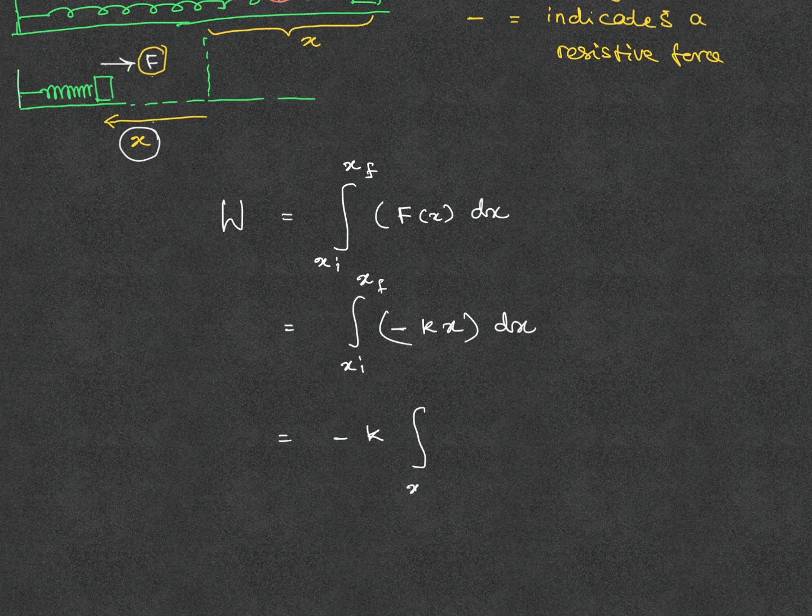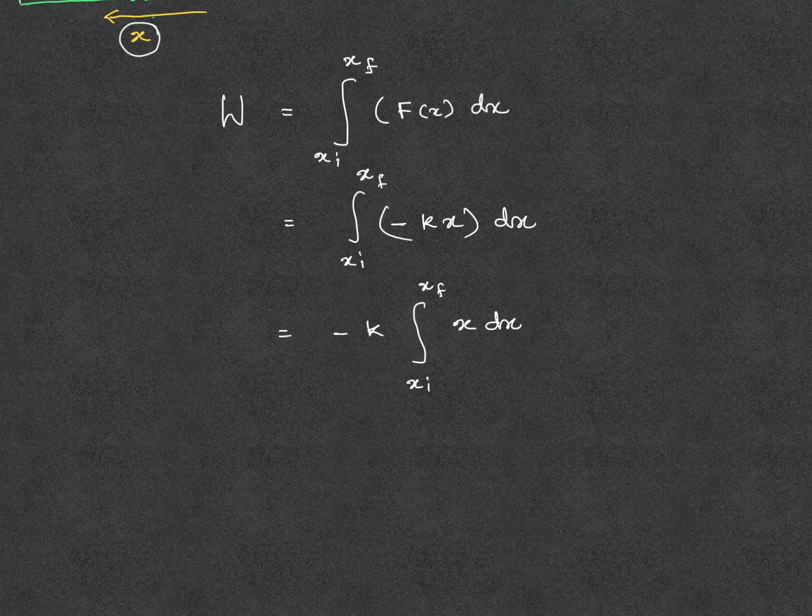So negative k comes out of the integral, you put xi and xf as the limits, and then you have x dx inside. So negative k, and when you take the integration, that becomes x squared over 2, where the upper limit is xf and the lower limit is xi.